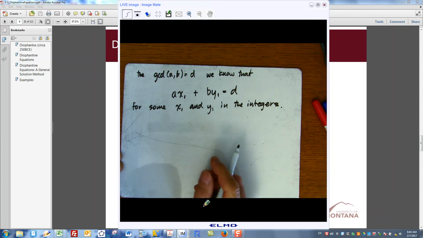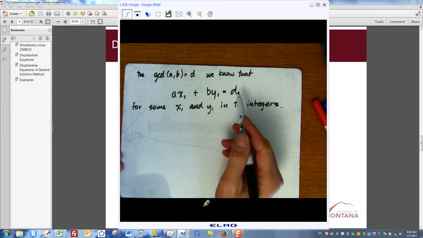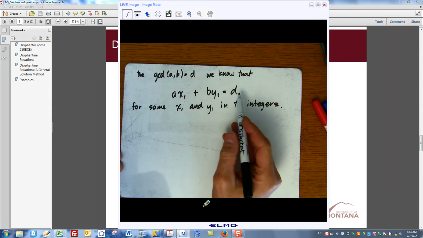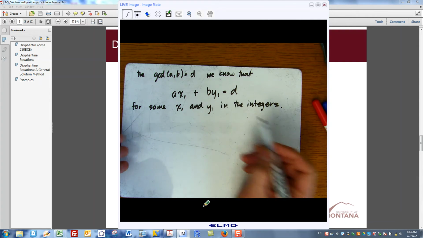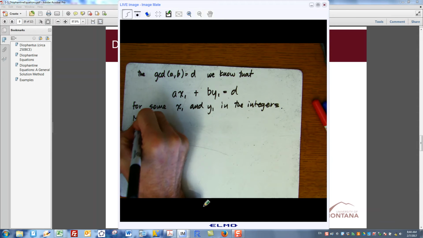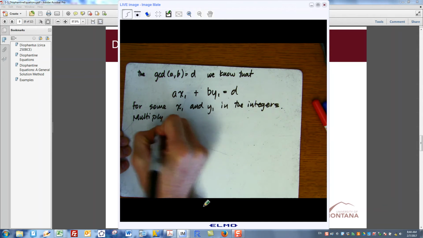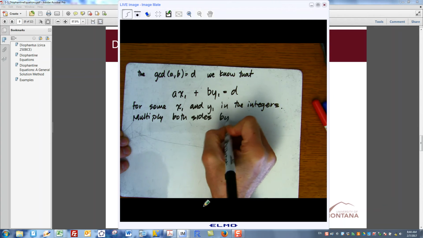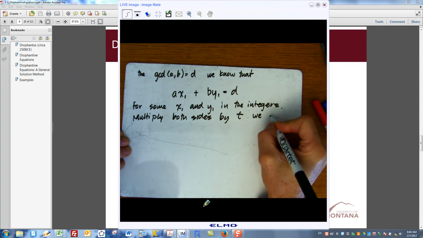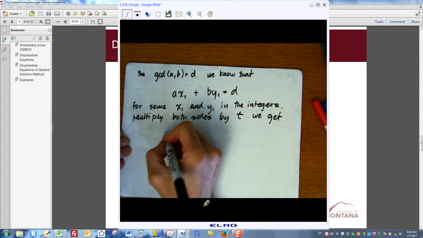So let's see, we've got this. What we want to show is that there is some solution where it's equal to c, but this is where things get kind of fun. If we multiply both sides by t, what do we get? Let's see, where do I want to put the t?